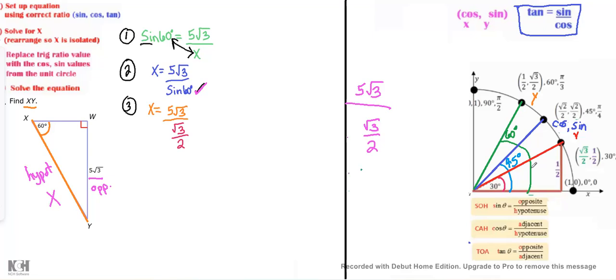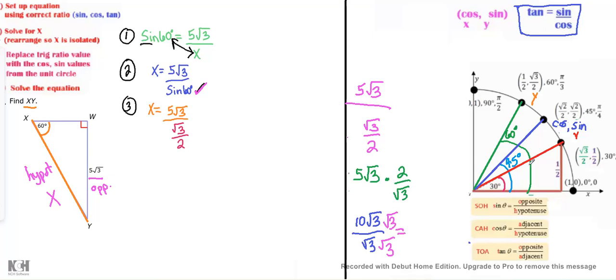So pretty much what that is 5 square root of 3 times, I'm going to flip this, 2 over square root of 3. What that gives us in the numerator, 10 times the square root of 3 over square root of 3. You remember, you can't have that radical in the denominator, so multiply it by itself and do that to the numerator.